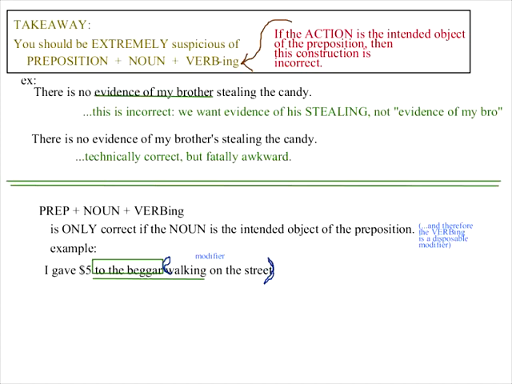So especially if it's of plus noun verbing, I've never seen a context in which that is actually correct. I've never seen an official context in which of plus noun plus verb ing is correct.